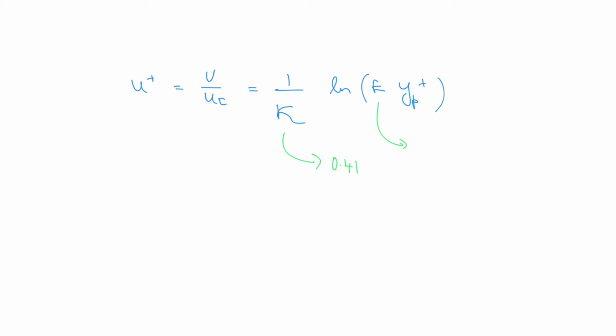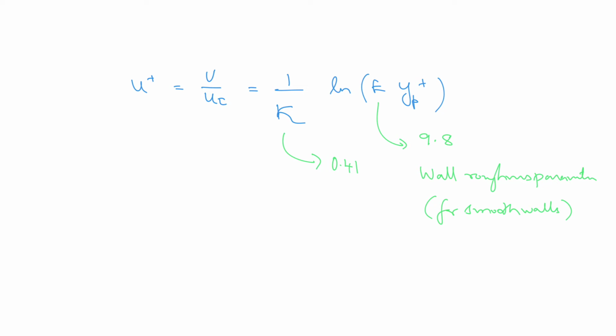This E is 9.8, which is the wall roughness parameter for smooth walls. Similarly, you can find this wall roughness parameter for rough walls, which you have to use for rough surfaces.